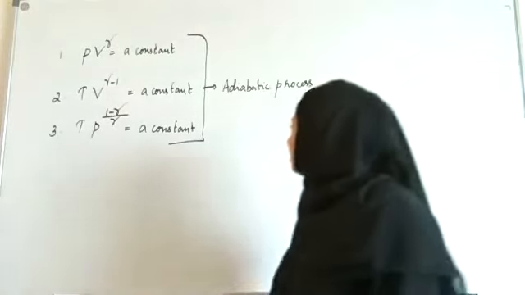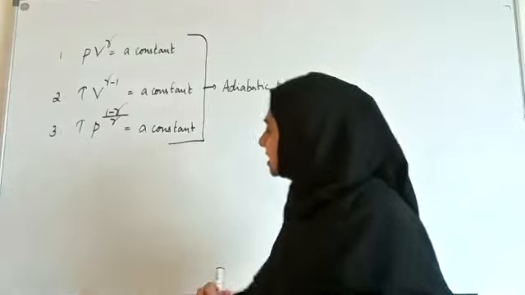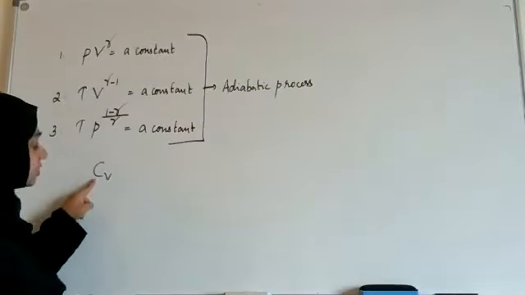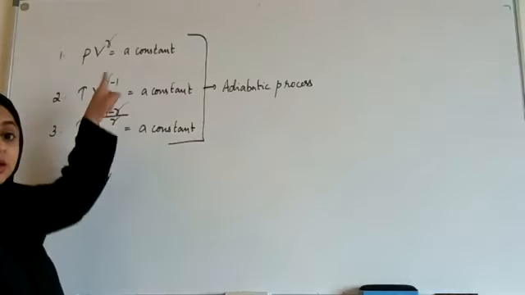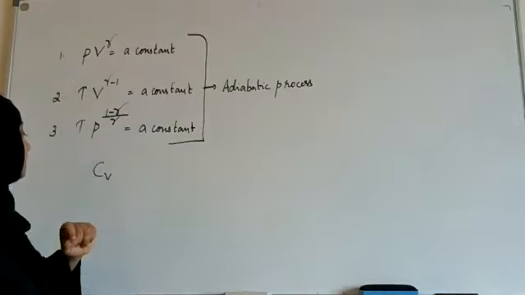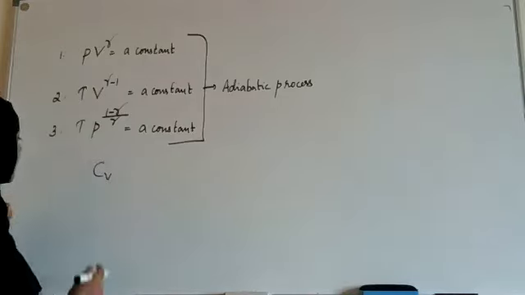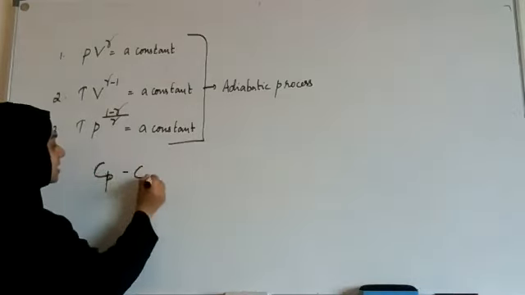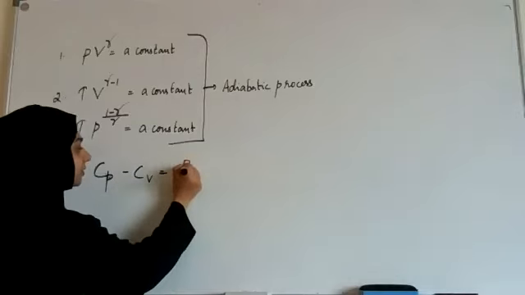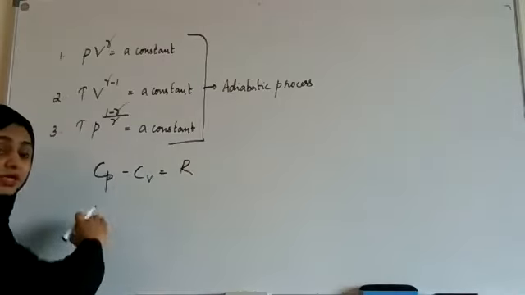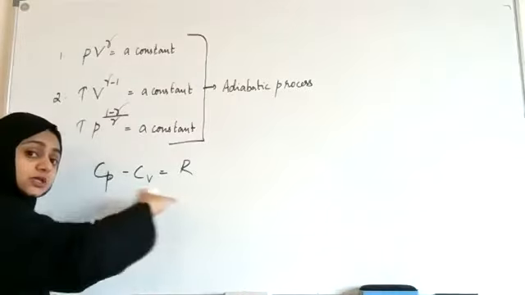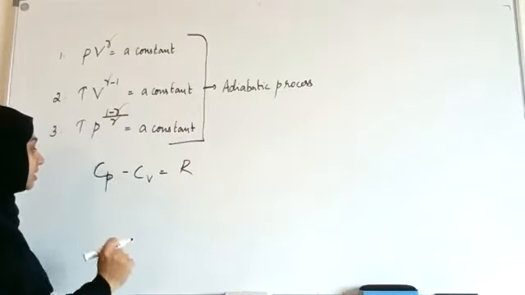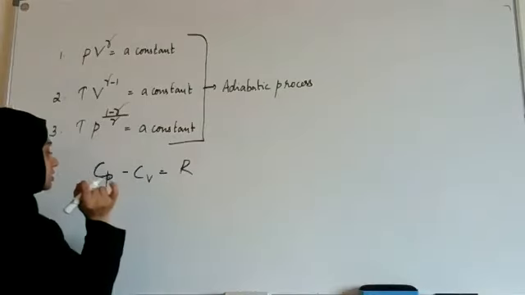So now let me also express Cv, the molar specific heat at constant volume, in terms of gamma. You know the expression that Cp minus Cv is equal to R, right? Now let me divide this throughout with Cv, because Cp by Cv is gamma, right? I want to bring gamma to this equation.